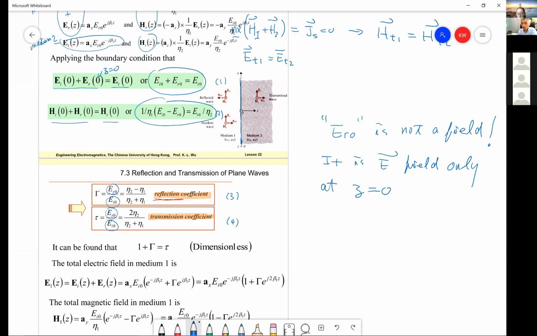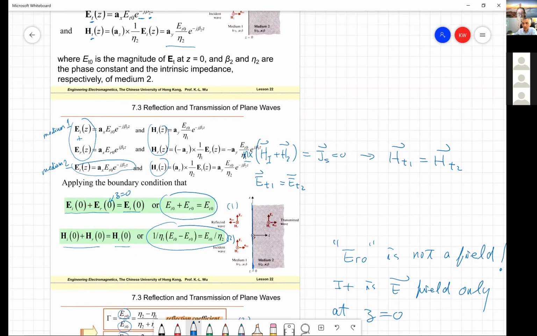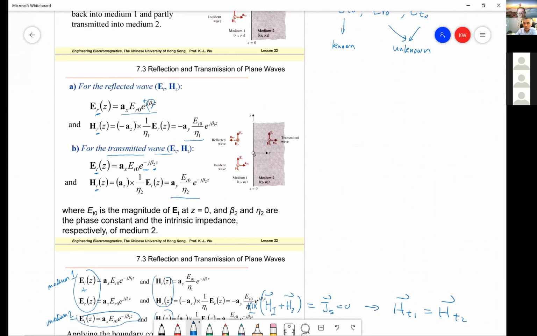Do you agree? You see, look at the mathematical expression. Reflected wave, look at this. Only when Z equal to 0 does this equal 1, right? So of course we know the polarization direction. So this component only refers to the field on the boundary, okay? It is a coefficient, I agree.